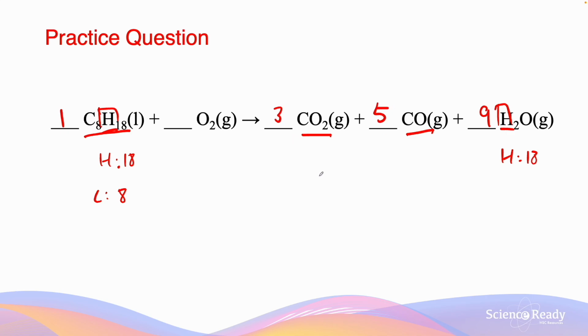The number of carbons is 8, and the number of oxygens is 6 plus 5 plus 9 equals 20, meaning that a coefficient of 10 would be required in front of the O2. So as you can see, for this type of equation, multiple different answers can be given depending on the relative number of oxygens that are utilized or the relative number of CO2 and CO that are produced.